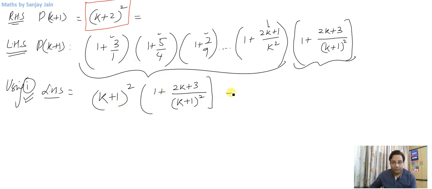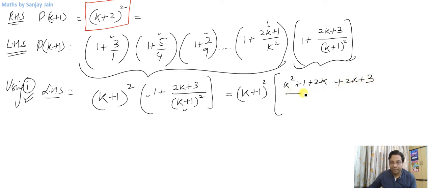So we will simplify it further. So let's write it k plus 1 squared, and inside the bracket you will multiply this with this here. So it will become k squared plus 1 plus 2k, and then you'll add 2k plus 3 divided by k plus 1 squared. This is how you simplify things.